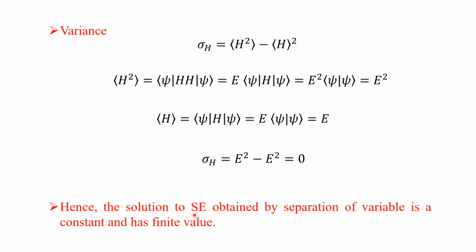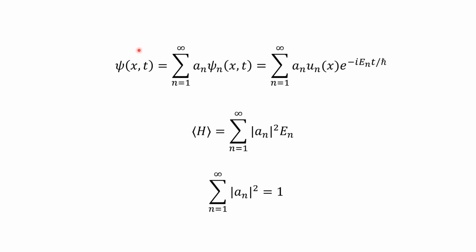Hence, the solution to the Schrodinger equation obtained by the separation of variables has a constant, finite value. That is a very important point. Just now we have seen that the eigenvalue for a stationary state is fixed and finite.